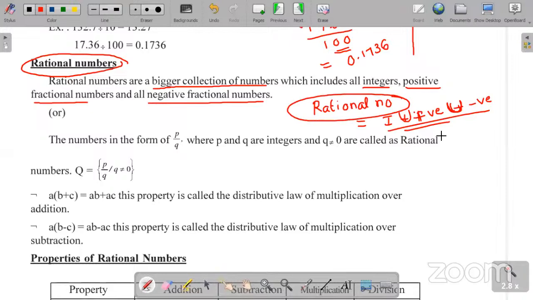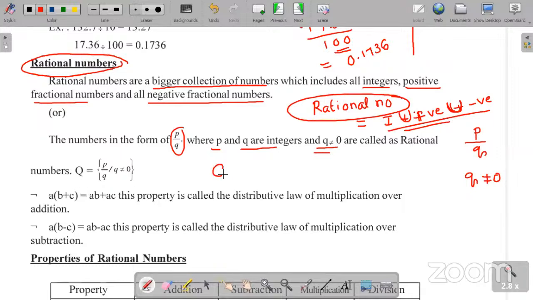In general, a rational number is in the form of P by Q, where P is an integer, Q is also an integer, and moreover Q does not equal 0. So the numbers in the form of P by Q, where P and Q are integers and Q does not equal 0, are called rational numbers.